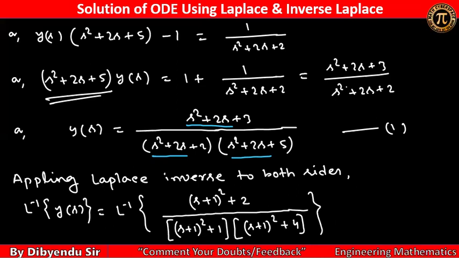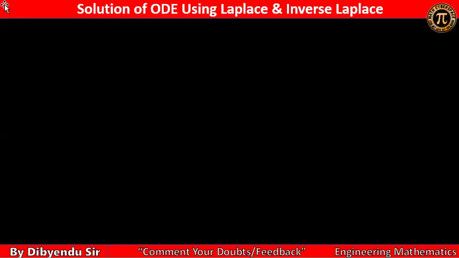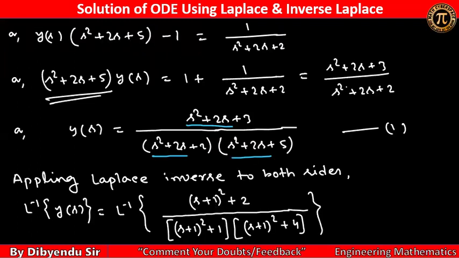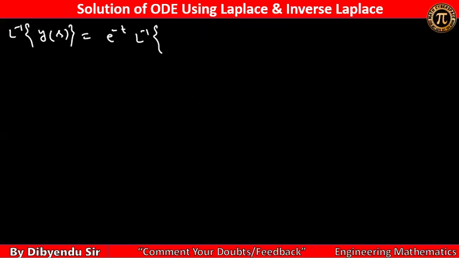So next line we write Laplace inverse of Y(s) equals e to the power minus t Laplace inverse of, so s plus 1 will be replaced by s, so you are getting (s squared plus 2) divided by (s squared plus 1) into (s squared plus 4).